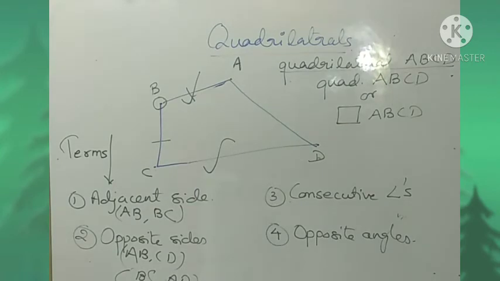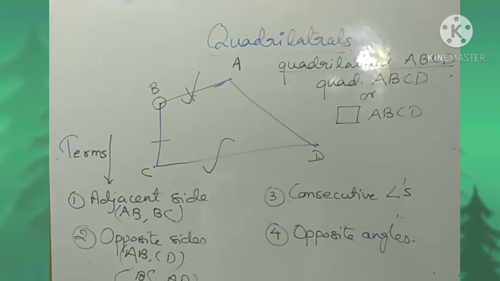Any 2 sides of the quadrilateral which do not have a common vertex are said to be opposite sides. Okay? So AB, BC is a pair of adjacent sides. And what is the side opposite to AB? CD. They do not have a common vertex.